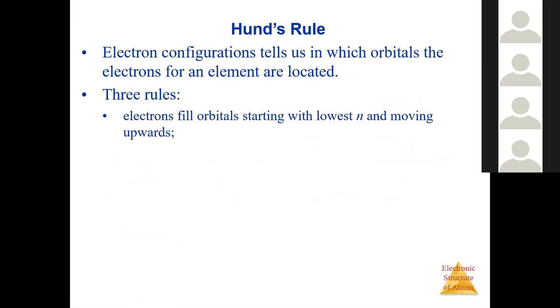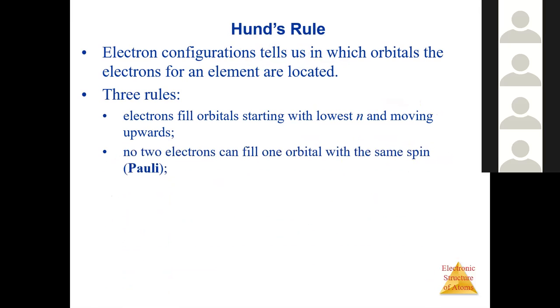3 rules with Hund's rule. Electrons fill starting with the lowest n and moving upwards. In other words, you fill the orbitals that have the least amount of energy in them first. No 2 electrons can fill one suborbital with the same spin.